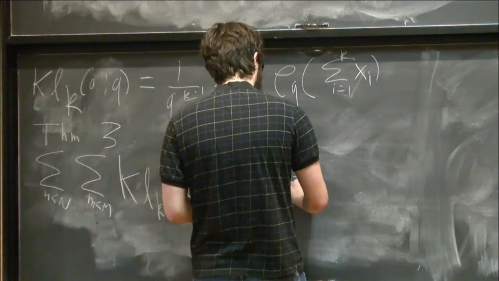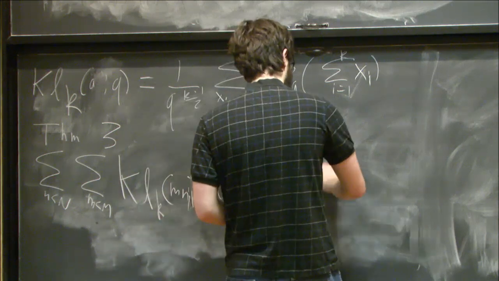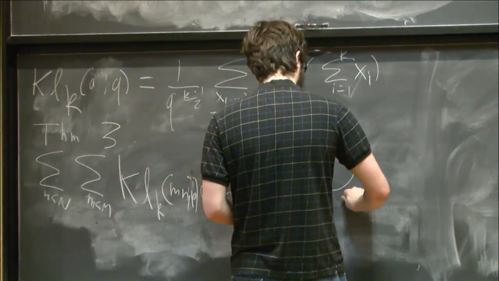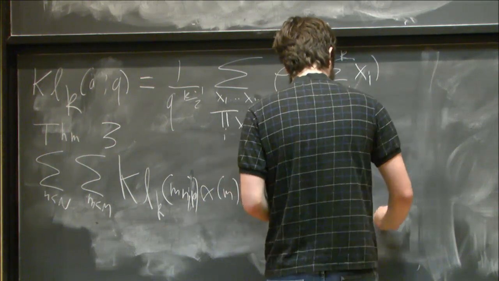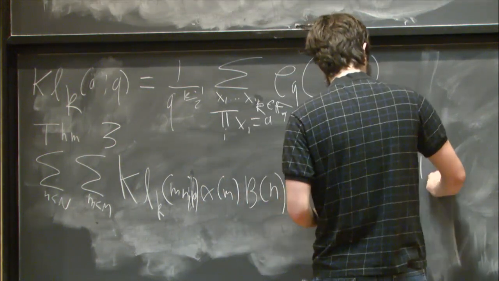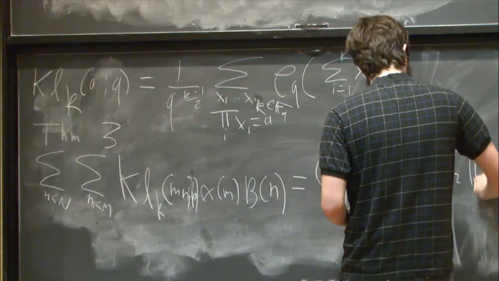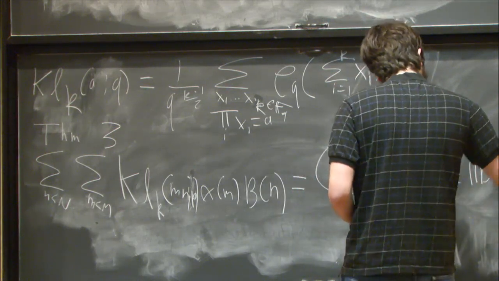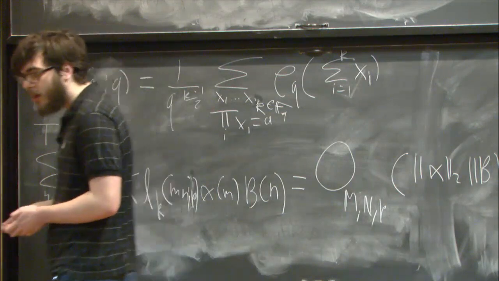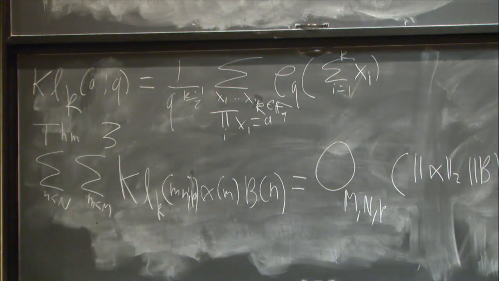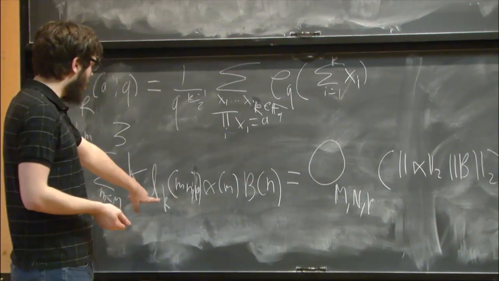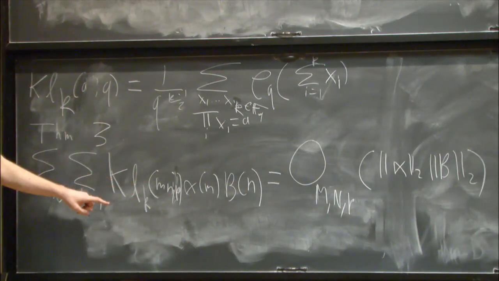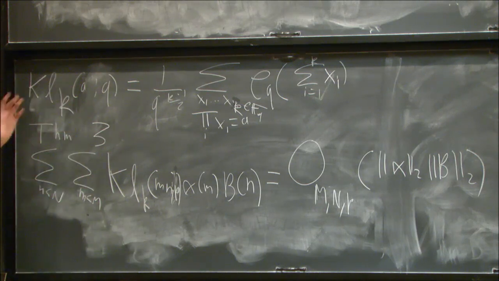The bound is, I'll write it in a sort of silly way, which is I will hide everything interesting in the big O, and I'll explain why I'm doing that. So this is a bound in terms of the L2 norms of alpha and beta. And you can prove one bound in terms of the L2 norms just by knowing the bound on the Kloosterman sums and doing Cauchy-Schwarz or whatever.